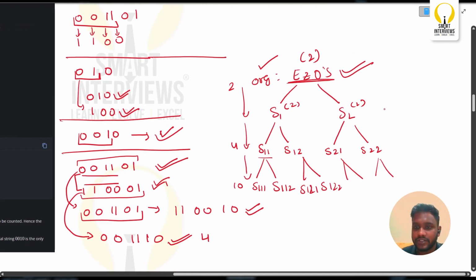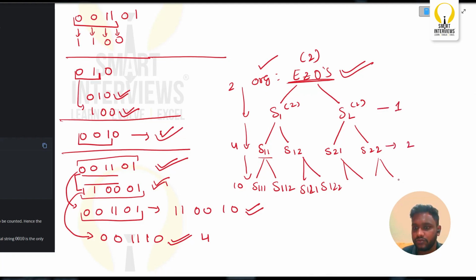How many times did we get equal numbers of zeros and ones? One, two, three times. So how many strings are we able to generate? At this point we got a total of eight strings.